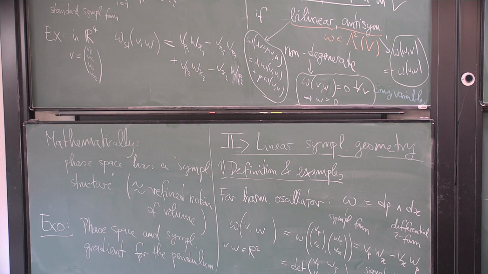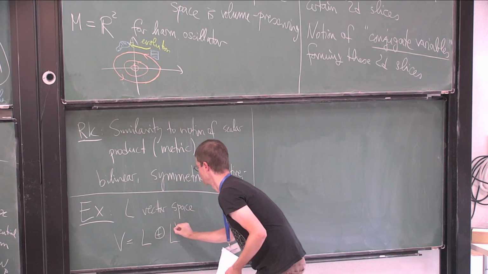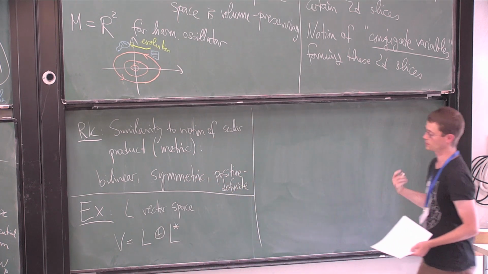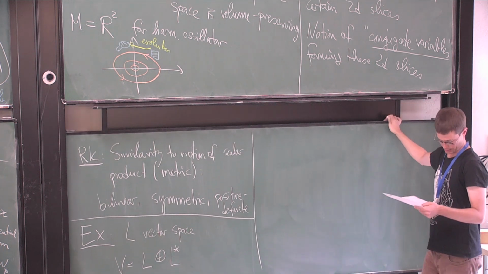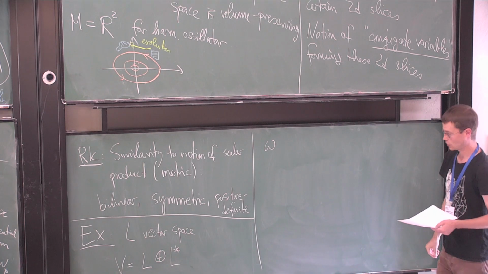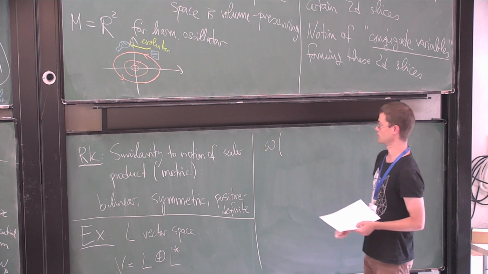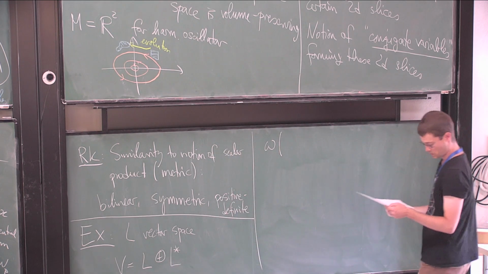So take a vector space L. It will always be finite dimensional, always over R. And then consider V, the direct sum of L and L star, where L star are the linear functionals on L. And I define omega as follows. I should give you the rule which takes two vectors here and spits out a number.